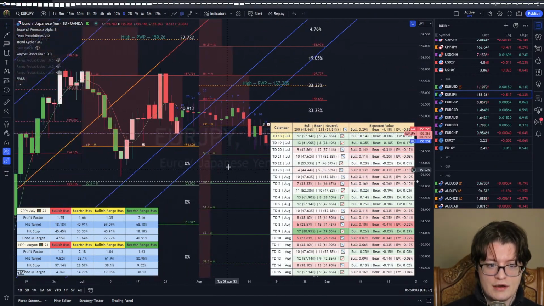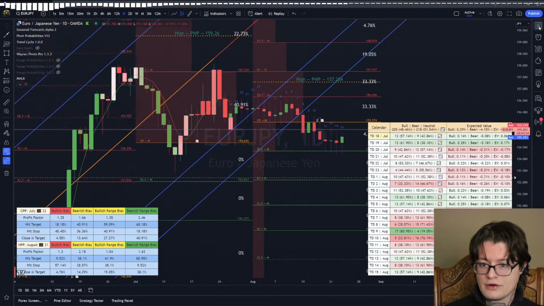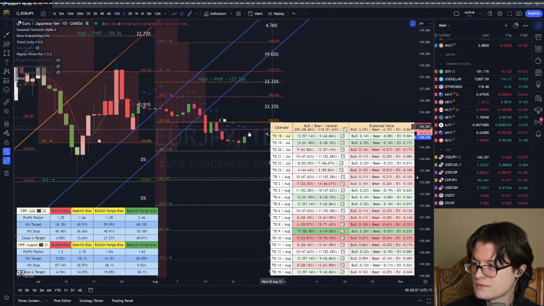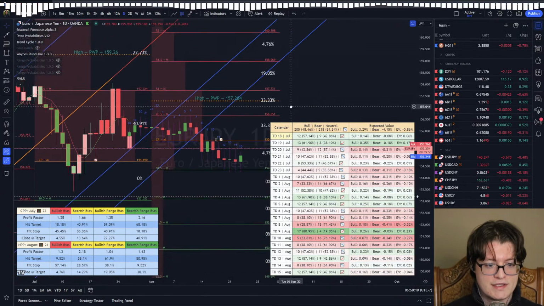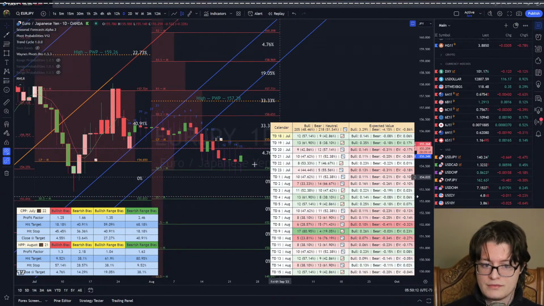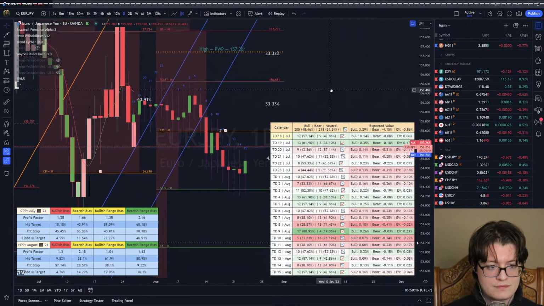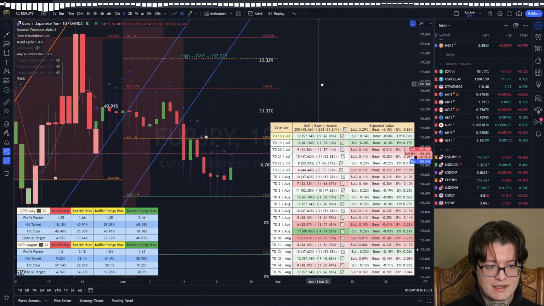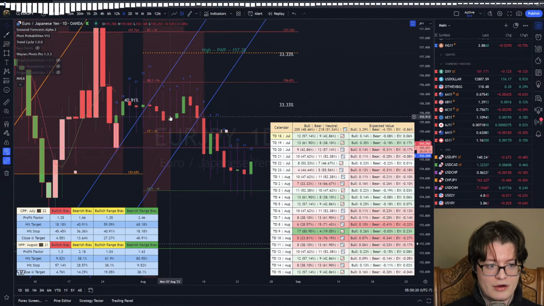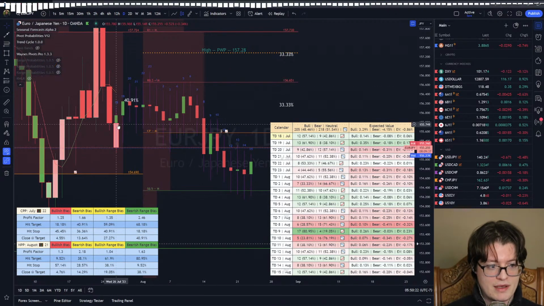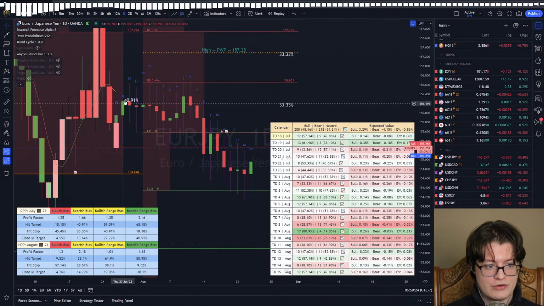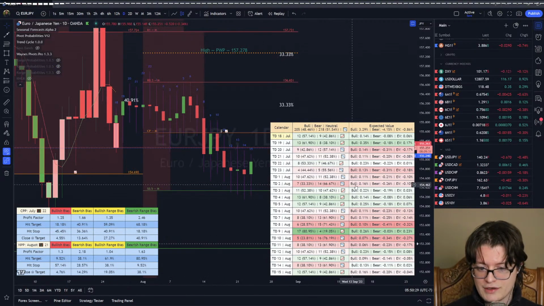Oh, check that out. So here, this is the seasonal forecasts bar forecast. I can pull up any asset and I can get these bars forecasted that tell me, hey, this is generally what the rest of your month's going to look like, and here's what August is going to look like.